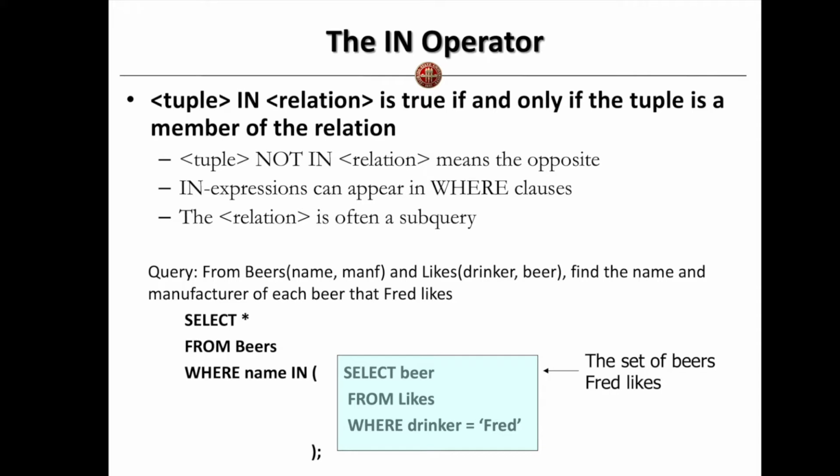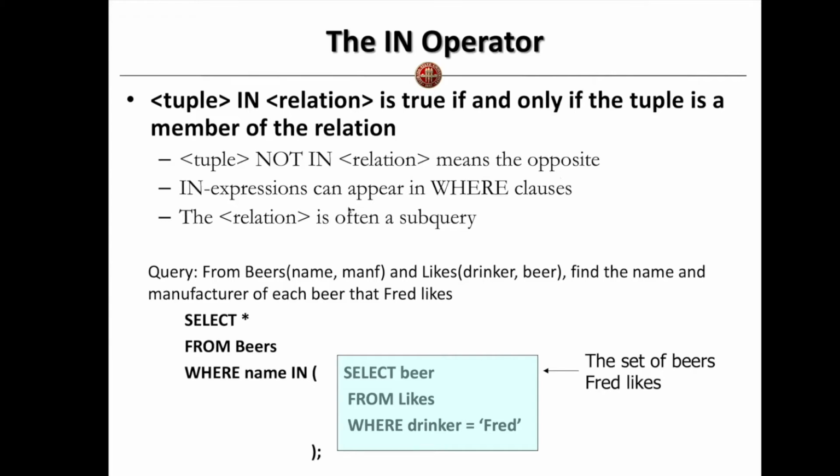It's called the IN operator. So formally, the IN operator can check if the tuple is a member of a relation or not. If we plan to use this IN operator, we can use tuple IN relation. It's a Boolean statement. It will return true if the tuple belongs to or is a member of this relation. It will return false if it is not the case. Besides IN, we can also use tuple NOT IN relation, meaning the other way.